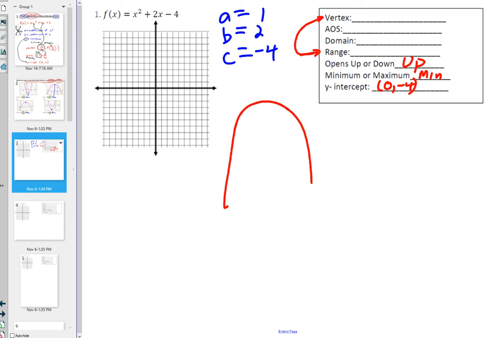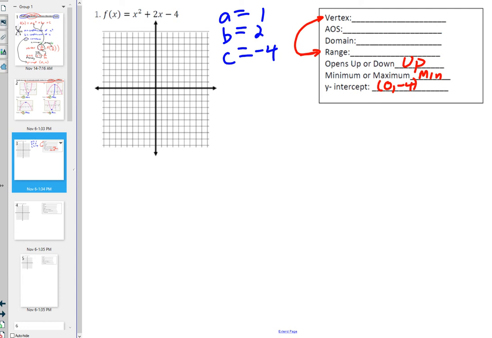However high a parabola goes or however low a parabola goes depends on where the vertex is. I cannot answer range without knowing the vertex. But I can answer domain because, for the second time, it's always going to be the same.